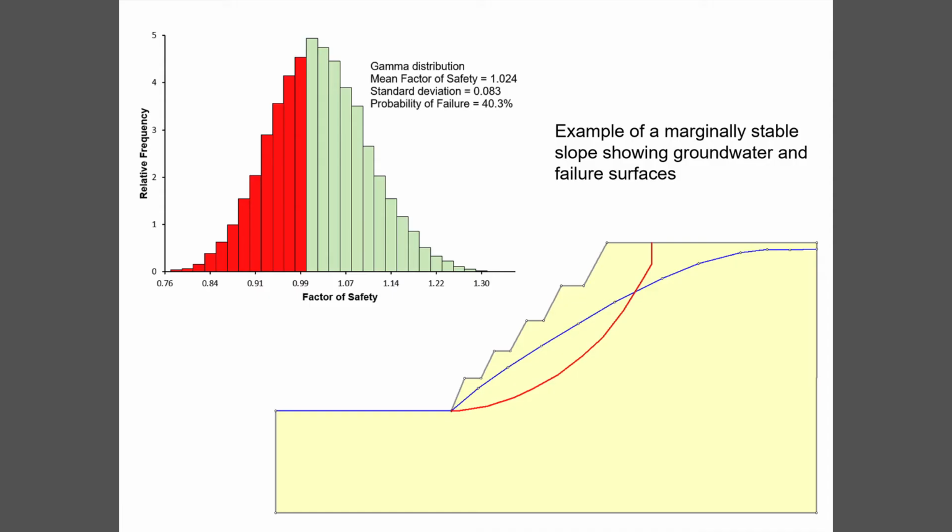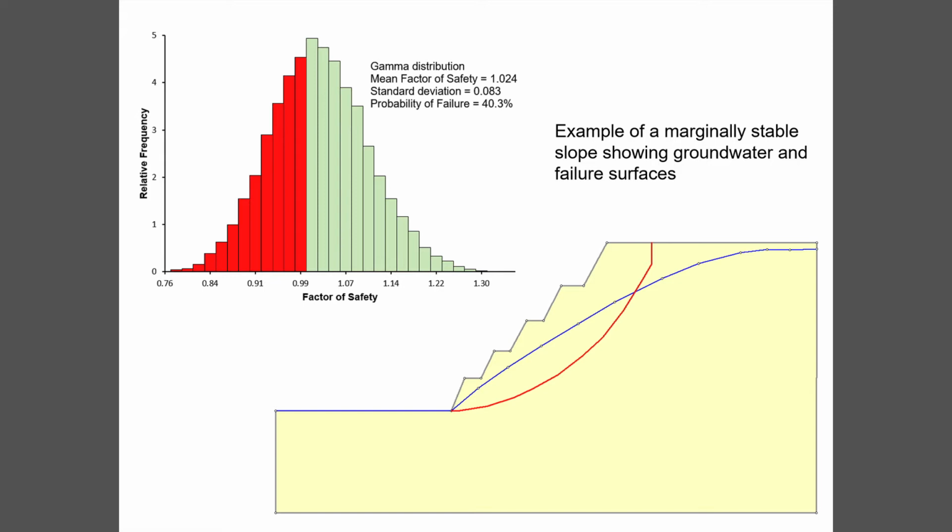And I'll start with a hypothetical slope. This has no connection to any particular project, but I've chosen a slope 60 meters high, a fairly steep face with benches on it in a highly jointed rock mass. So it can fail both by internal structural failure and by failure of the material.